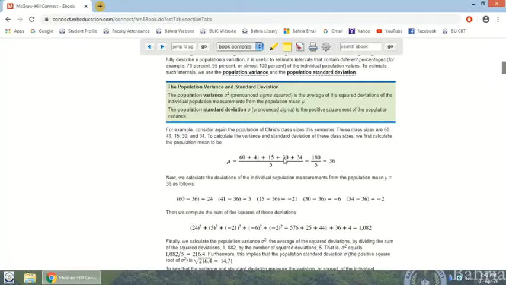Since the first value is, let's say, x, and how much it would vary, you can simply take the difference of the first value and subtract the mean. You get 60 minus 36, so you get 24, and then 41 minus 36, and you get 5, and then you have 15 minus 36 as minus 21.